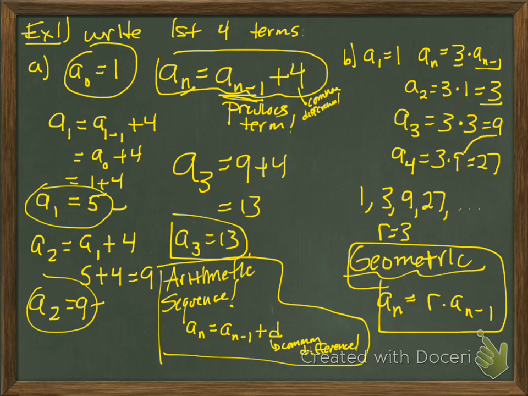Let's see if we can use an example where we apply these now. Let's make this example 2. Let's see if we can write a recursive rule for the following sequences.